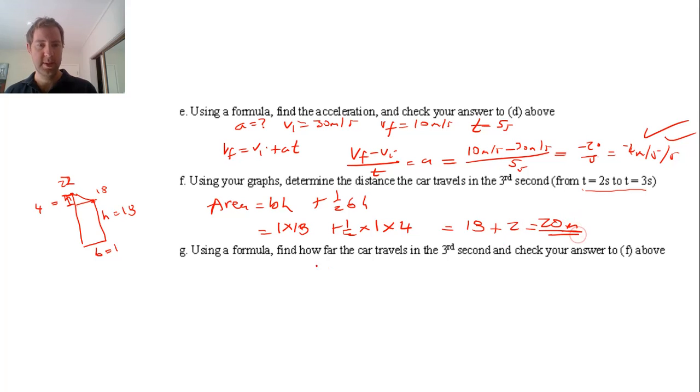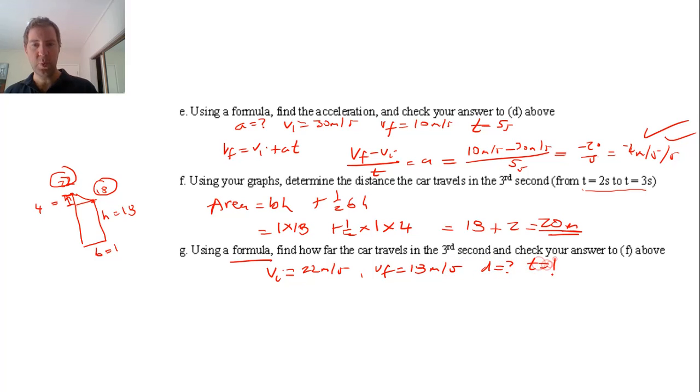So let's check this answer with a formula. Do the same thing. How far the car travels in the third second, check your answer. So I know my initial velocity is 22 meters a second. I know my final velocity is 18 meters a second. I want to find out my displacement.